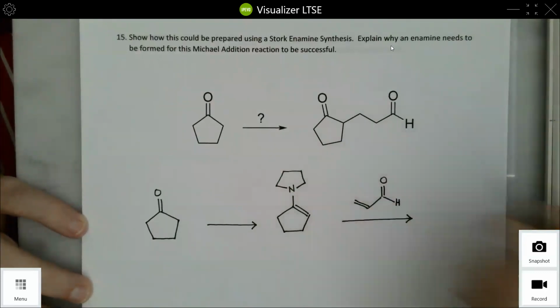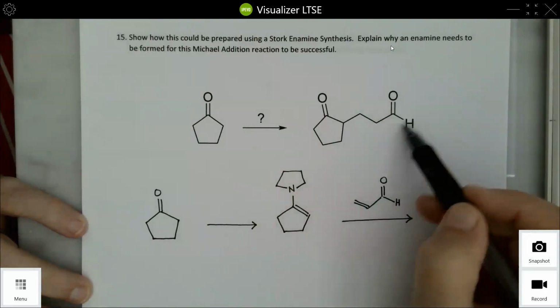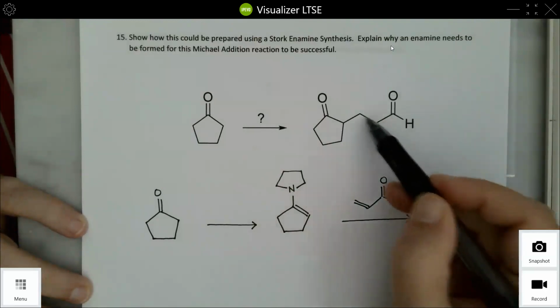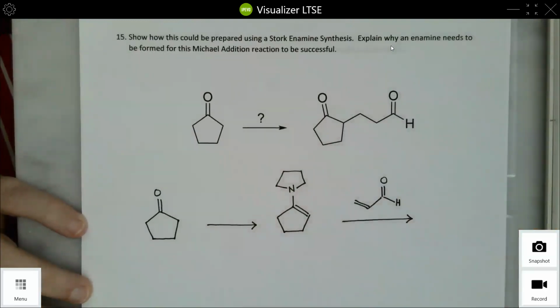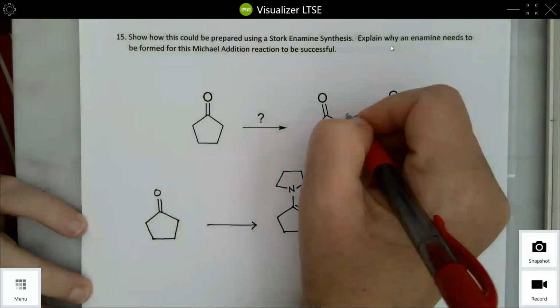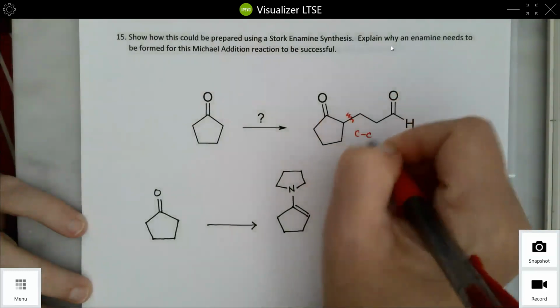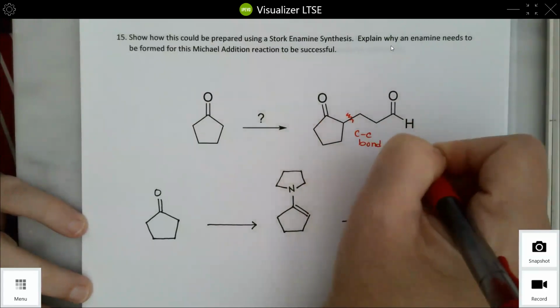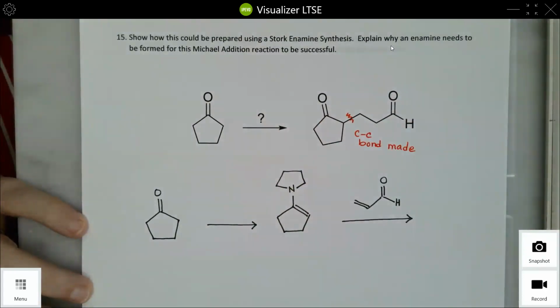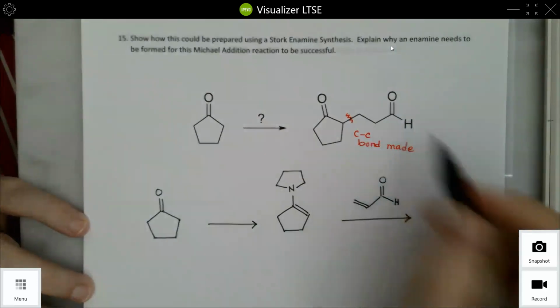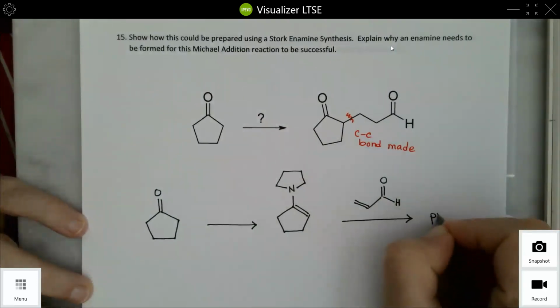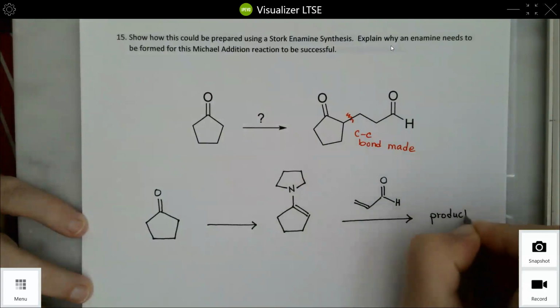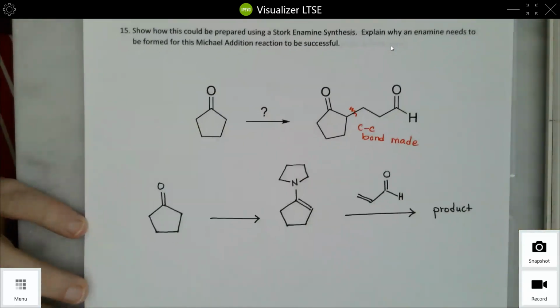So looking at what's here as the electron withdrawing group, we have the aldehyde, we have the carbon, and this will have been the double bond. This is the new carbon-carbon bond that gets made, and that produces this product. Okay, so how do we make the enamine?